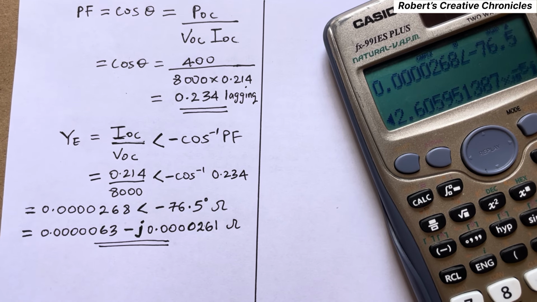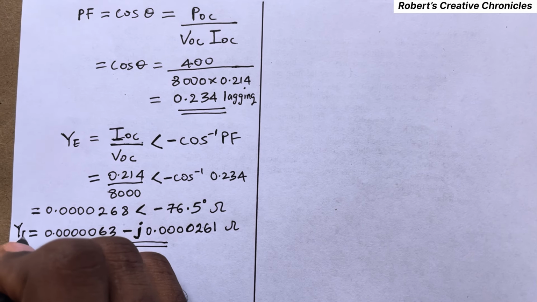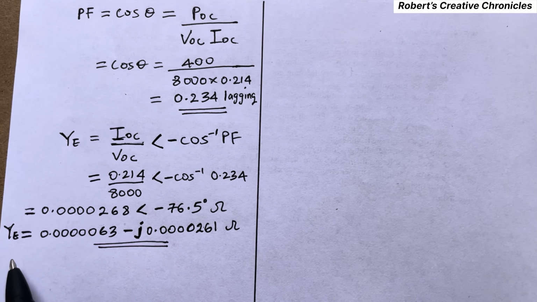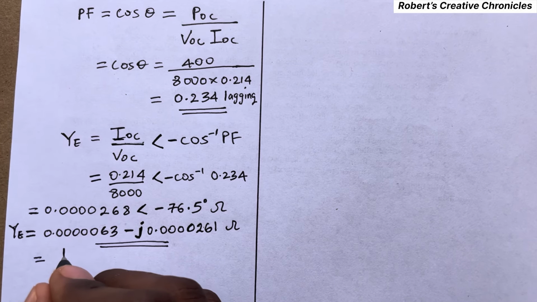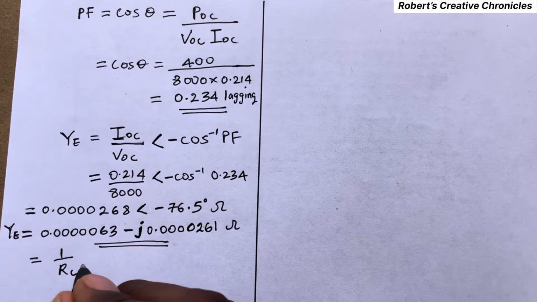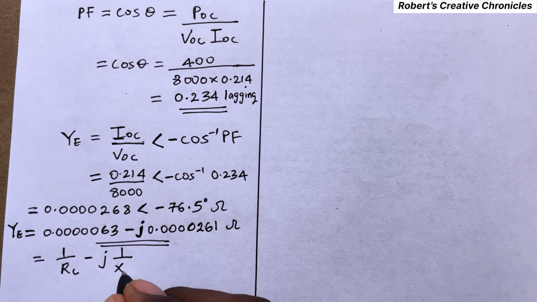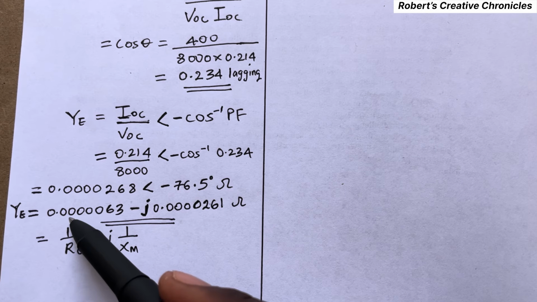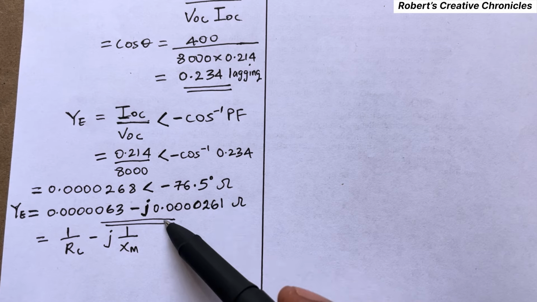Now, this is the excitation admittance. But this admittance is also equal to 1 over RC minus J 1 over XM. That means the real part of this complex expression is equated to this, and the imaginary part will be equated to this.